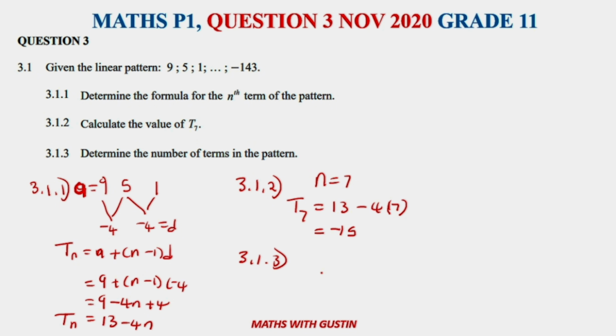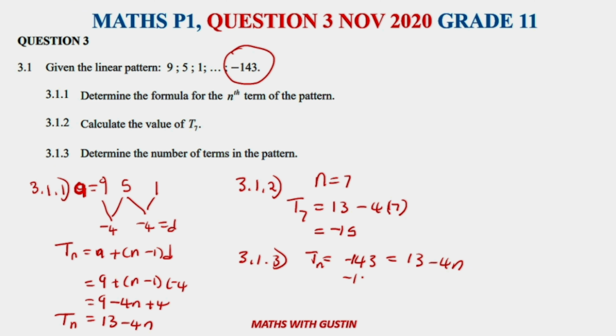Moving right along, 3.1.3. They said determine the number of terms in the pattern. The value that is given here is the last term of the pattern. Therefore Tn, which we don't know, is going to be negative 143. So we need to find the n value here. In our equation we say 13 minus 4n.